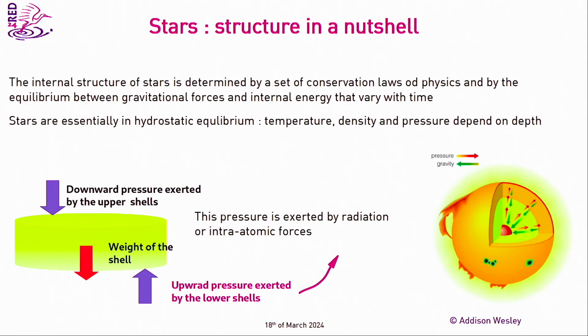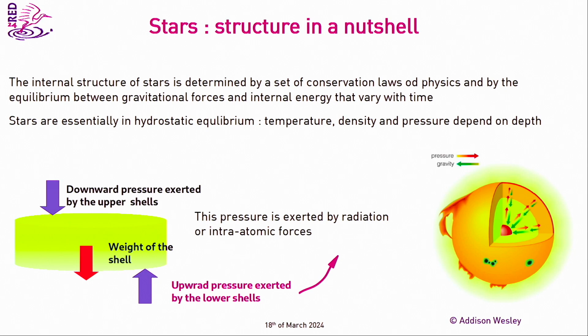So the pressure that we have in the center is exerted mainly by radiation, and also by intra-atomic forces when it's a dead star. When it's a dead star, you don't have nuclear reactions in the center. Now you know what I call a living star. But still the stars are still here. What are dead stars? The dead stars are white dwarfs, neutron stars, and stellar black holes. These are the three stellar remnants.